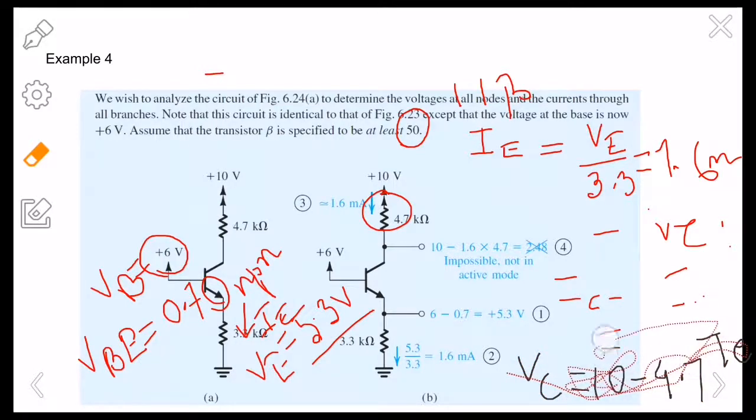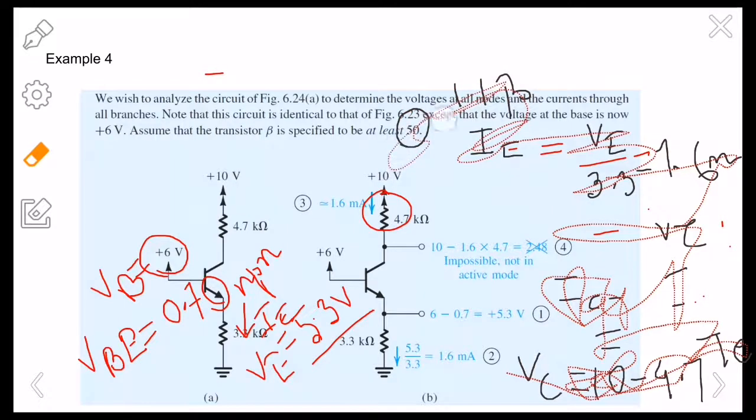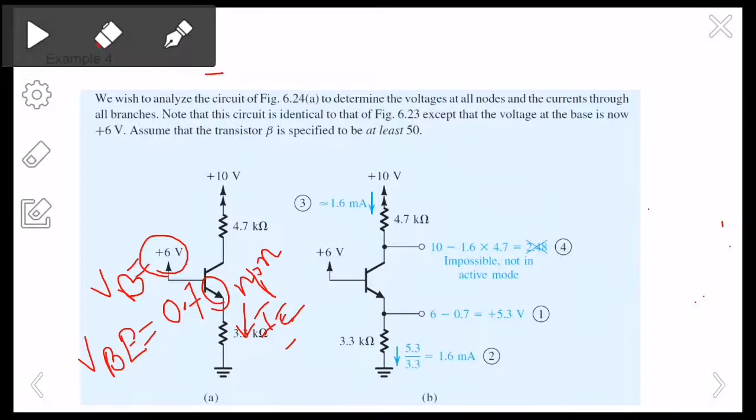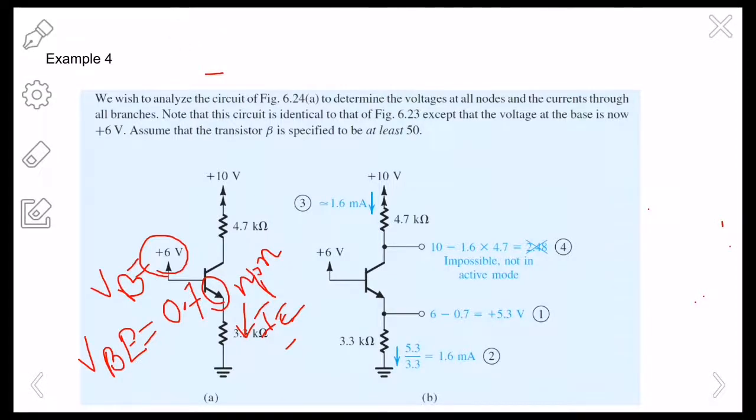In order to do that, let's clear up the screen first. Okay, so I have cleared the screen to a certain extent. Now let's move on to the problem again.